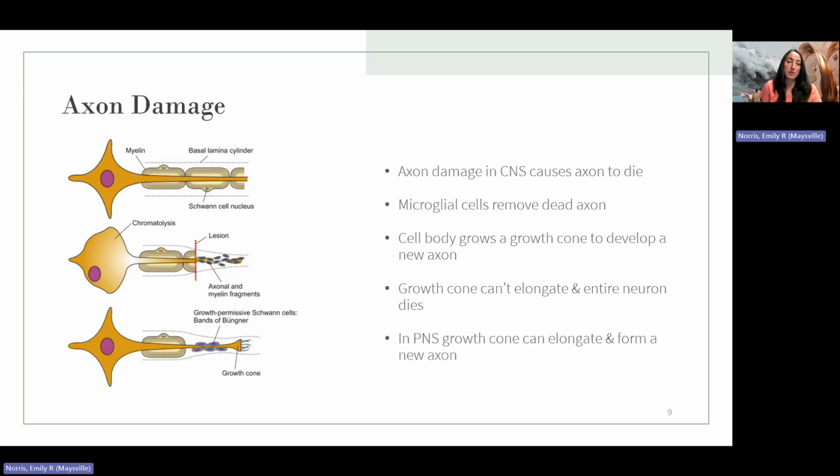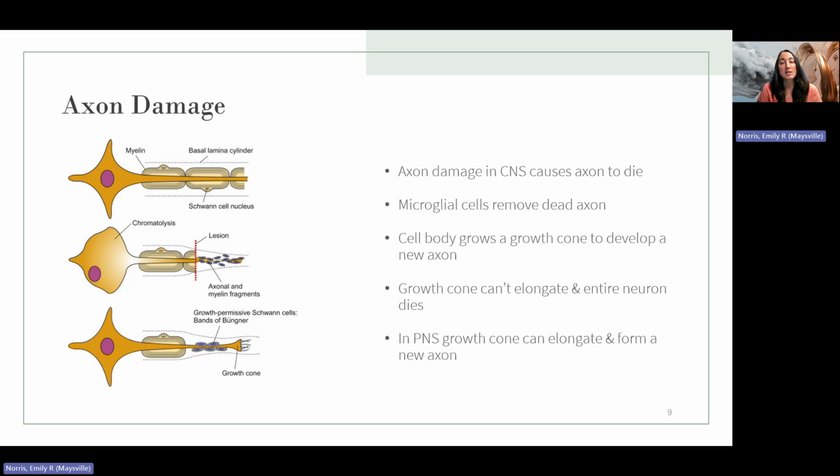But in the peripheral nervous system, after that growth cone forms, it elongates and can form a new axon. Now, as long as that axon reaches another neuron or reaches the end point, then it can regenerate. It can thrive. But if it does not reach it fully, it still dies.